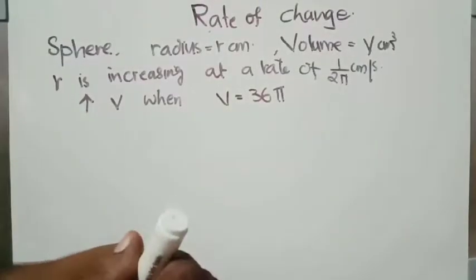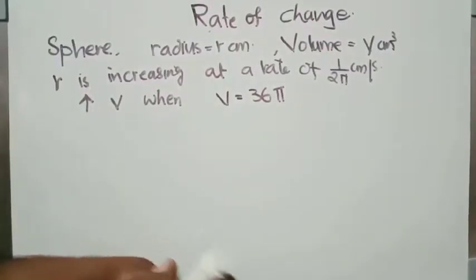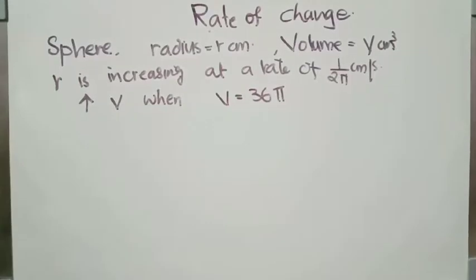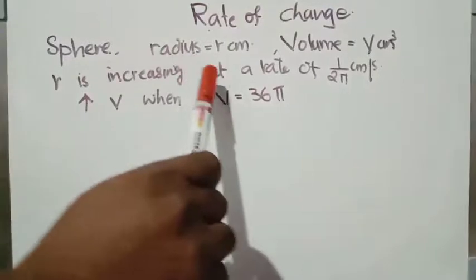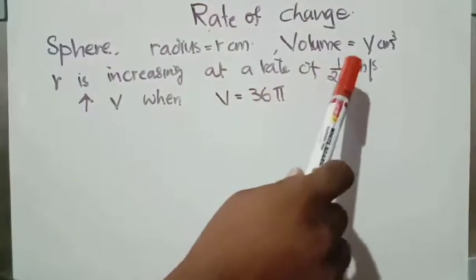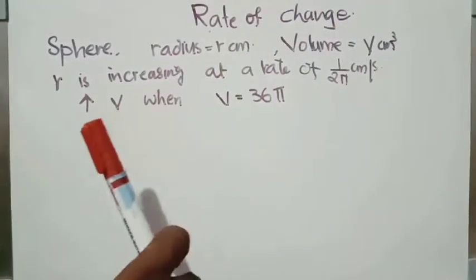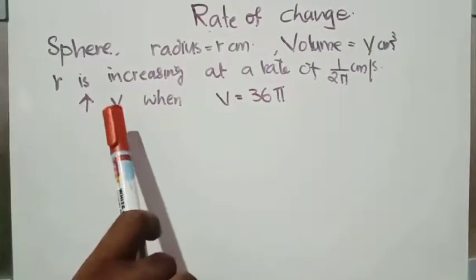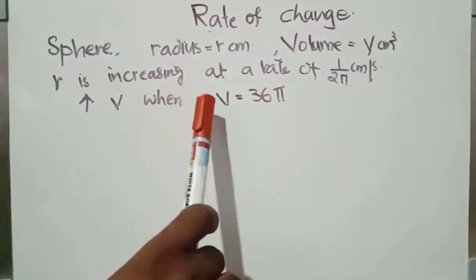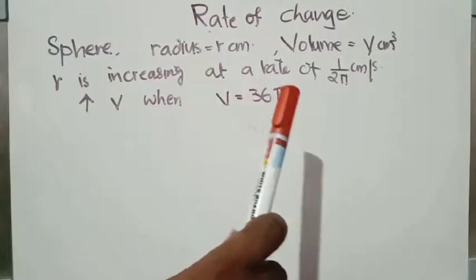So this question is dealt with a sphere of radius r centimeter and volume v centimeter cube. As per the question, r is increasing at a rate of 1 by 2 pi centimeter per second. We have to find the rate of increase of volume when v is equal to 36 pi.